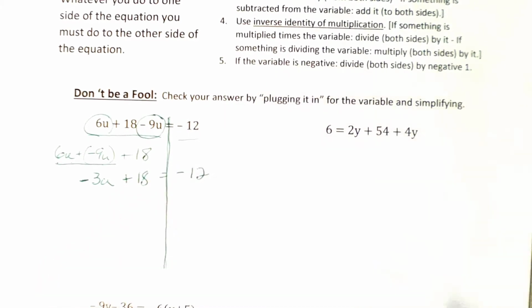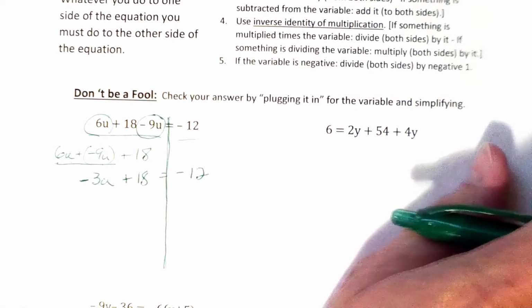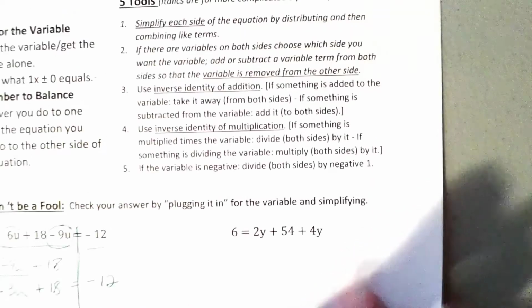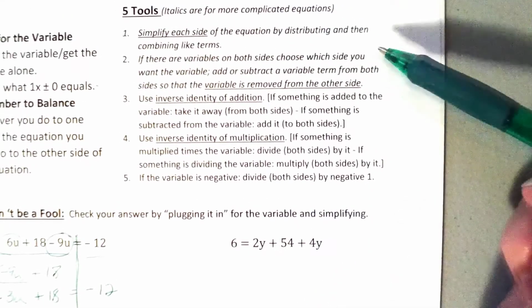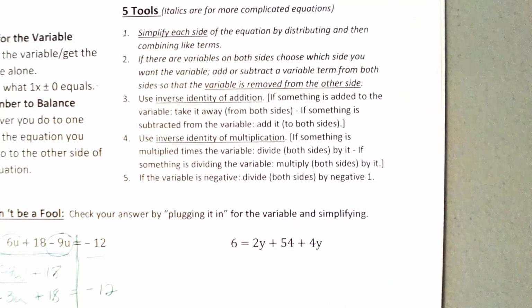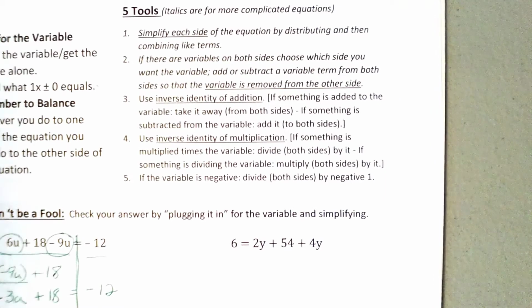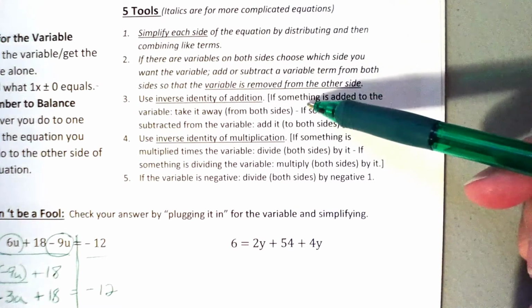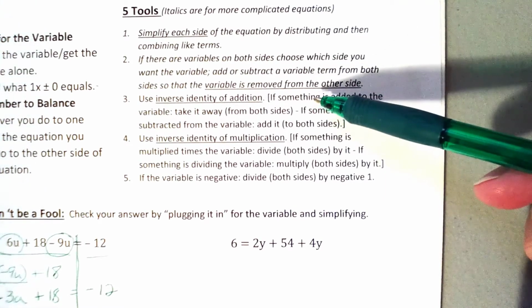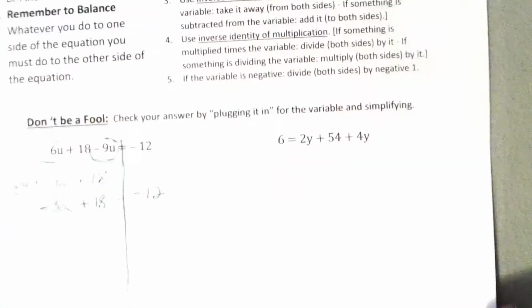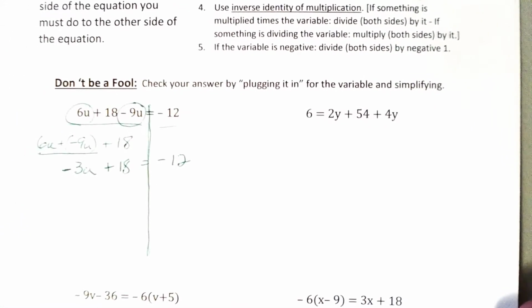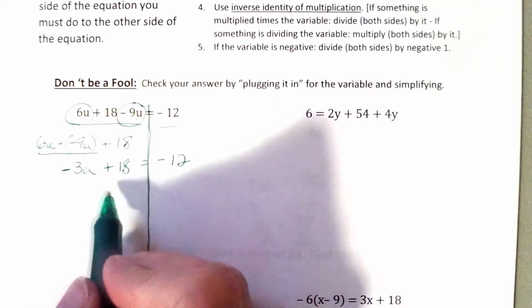That's the equal. Now, I'm going to go back up here. If there are variables on both sides, well, there aren't. There's only a variable on one side. So then I just go to using the inverse identity of addition. The inverse of addition is subtraction.